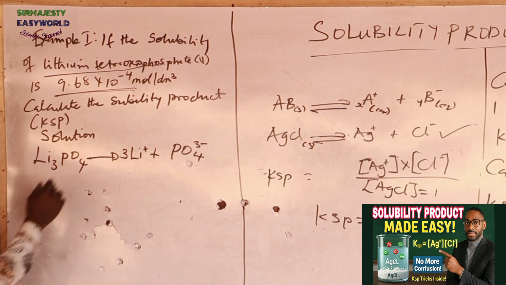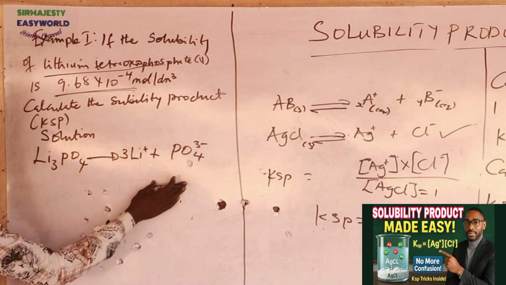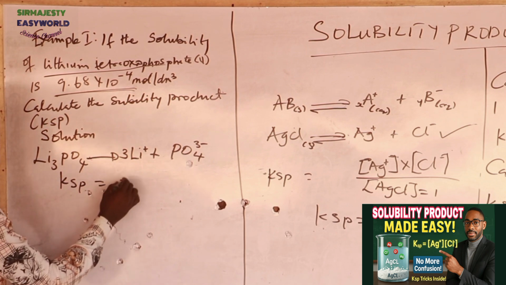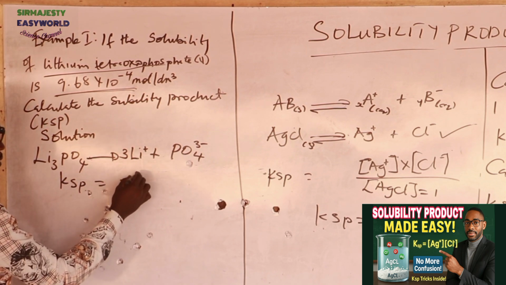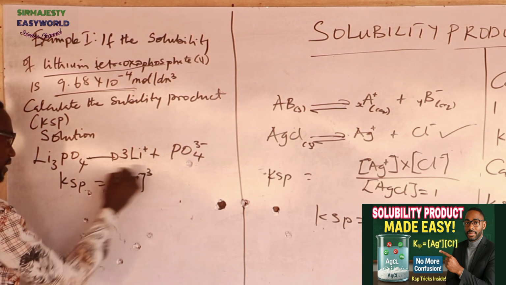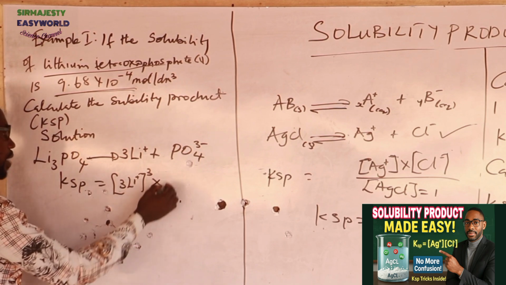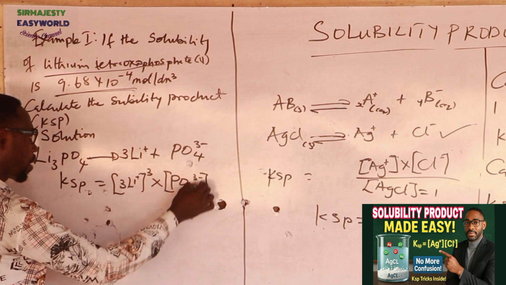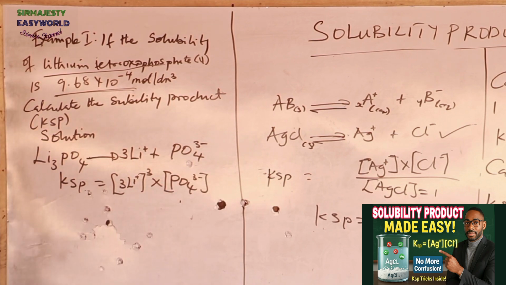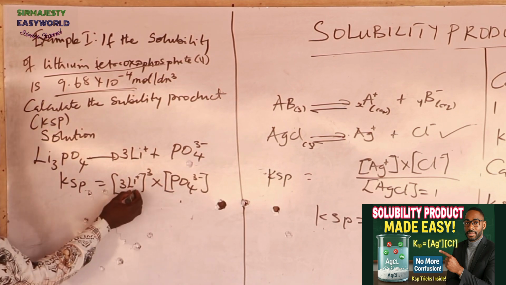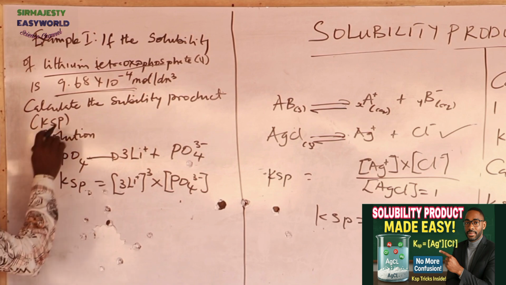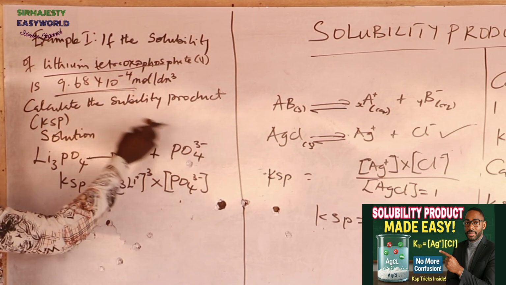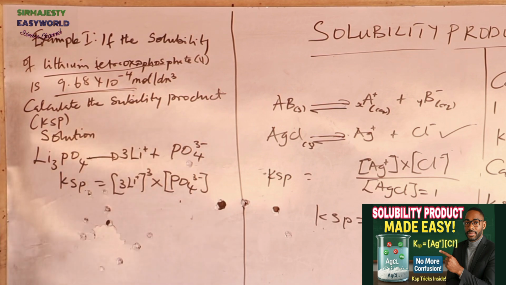Having seen this, we have established the number of ions involved, which means Ksp now is equal to what? [Li+]^3 multiplied by [PO4^3-]^1. So with this, we are going to represent each molarity. Remember that they have told us the solubility of lithium phosphate in mole per dm cube is this, and we should calculate the solubility product.